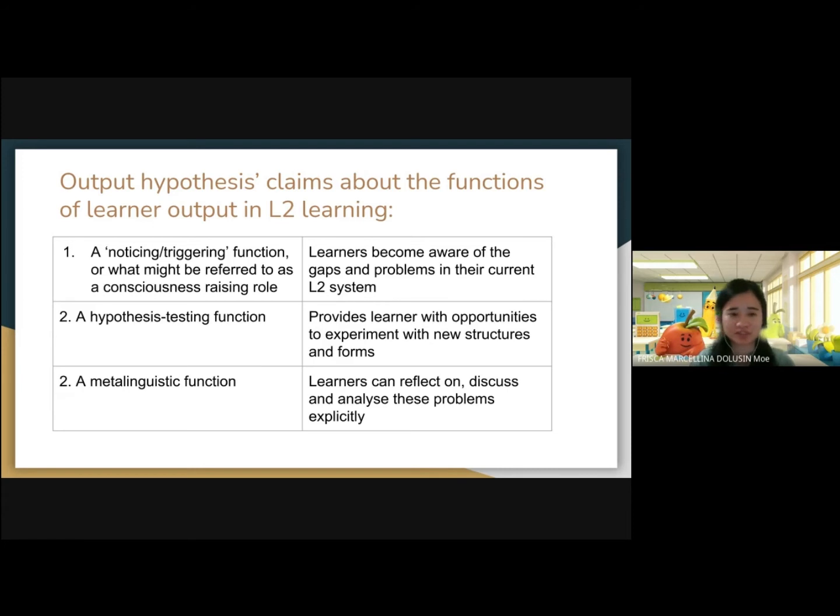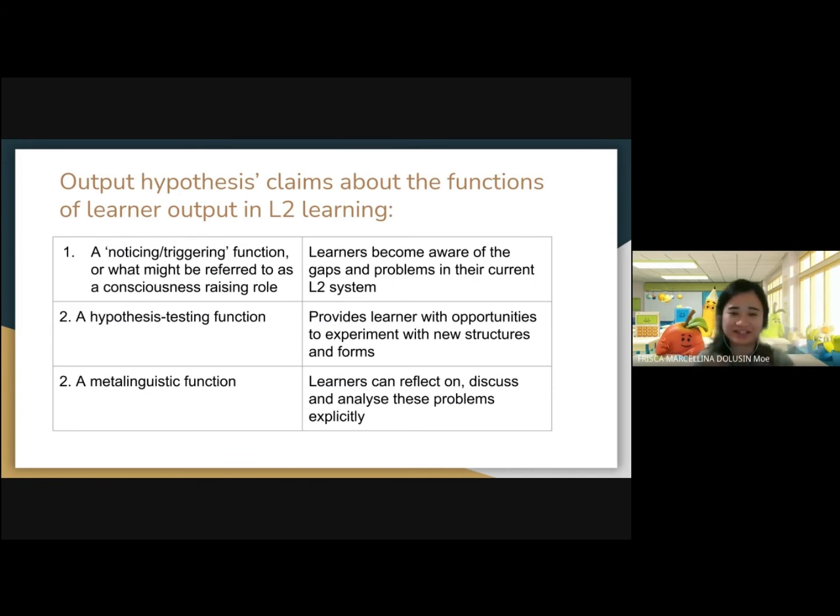The sentence will gradually become longer, just like the study by Mackey on development stages for question formation, presented by Ali just now. When you use it and you know that you are wrong and then correct it yourself, gradually you will become better. The third one is a metalinguistic function. The learners can reflect on, discuss, and analyze these problems explicitly, based on the feedback that they get.